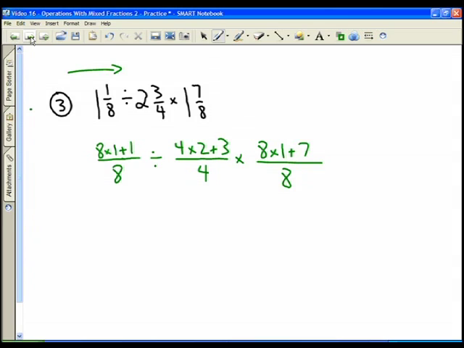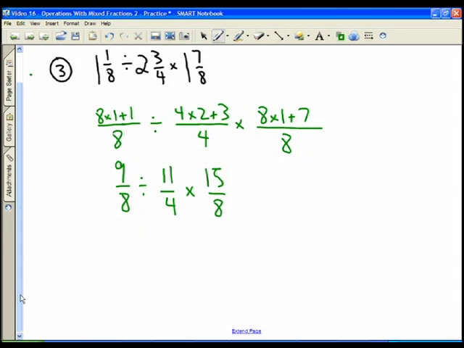And now simplifying and tidying these up, 8 times 1 in the first fraction here is 8, plus 1 is 9/8. And in the second fraction, 4 times 2 is 8, 8 plus 3 is 11 over 4. And in the third one, 8 times 1 is 8, plus 7 is 15 over 8.